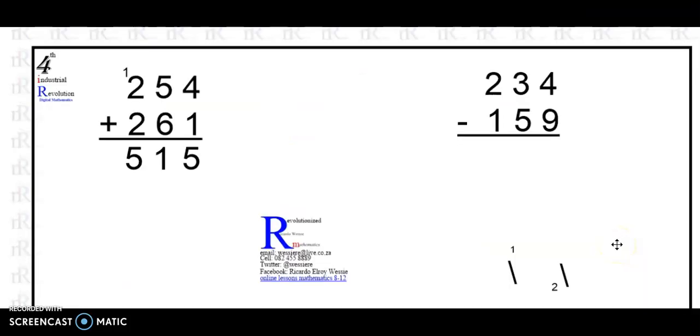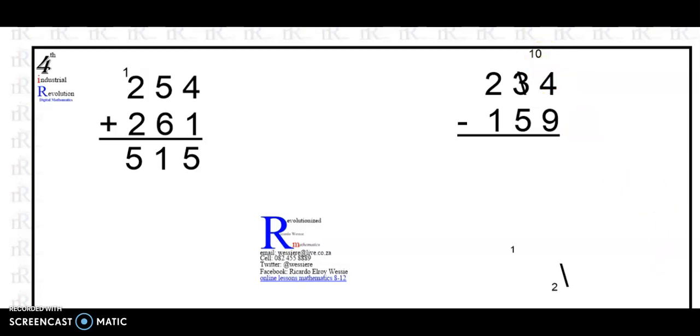Let's do some subtraction. When it comes to subtraction, my positioning of my numbers should also be in the correct position. Now, 4 minus 9 can't. So I need to go and borrow from the tens a 10. So I'm taking the 10 over to the units.